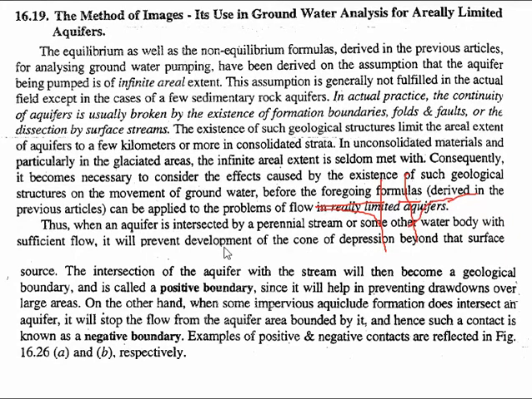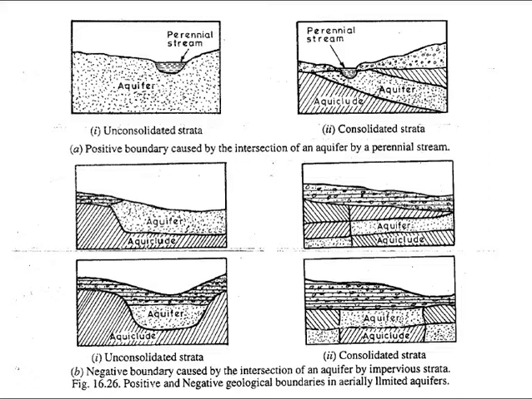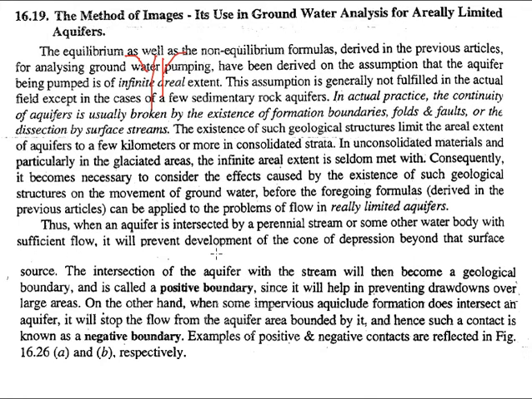But this line states that if there is any perennial source like a river, then you will not notice such a drawdown. For example, if there is a perennial stream over here and you draw down the well over here, you are not going to see any kind of drawdown over here. That is basically what the line is trying to say about the drawdown.